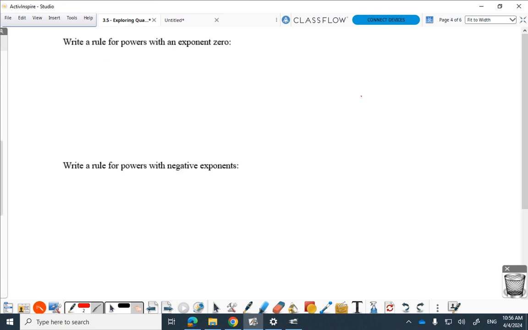Write a rule for powers with exponent 0. It's always going to be 1. So I'm just going to add a couple words. Anything with exponent 0 equals 1.